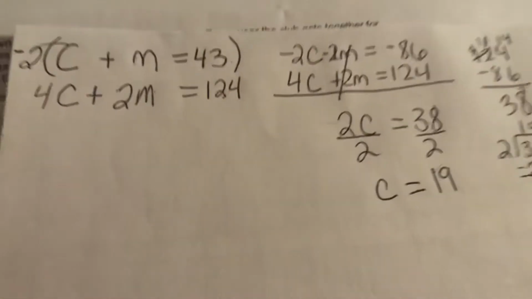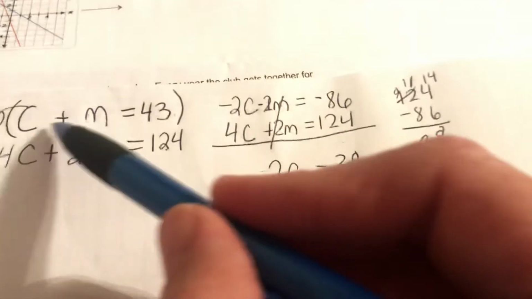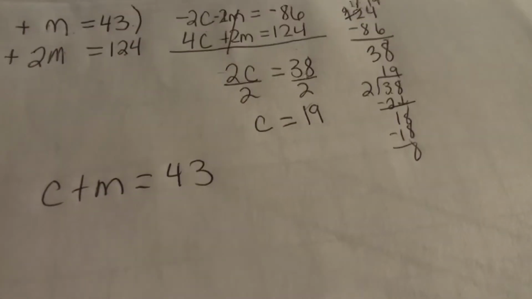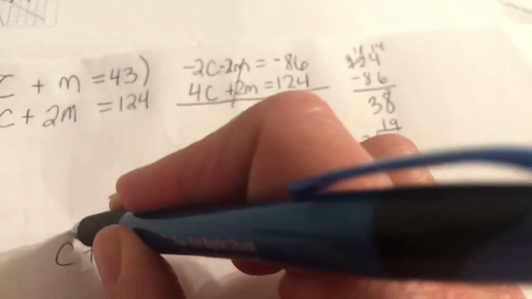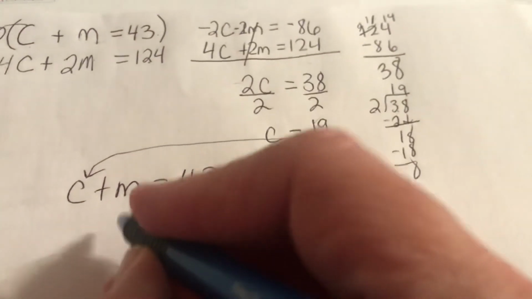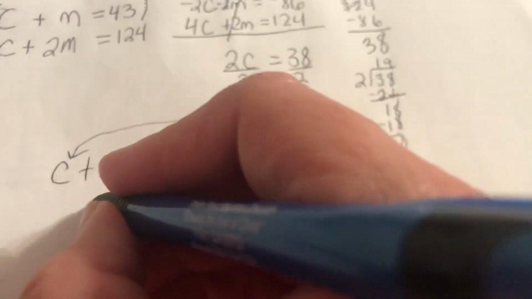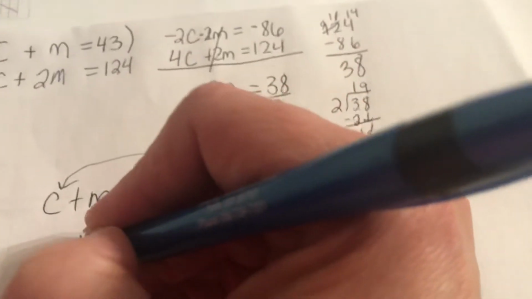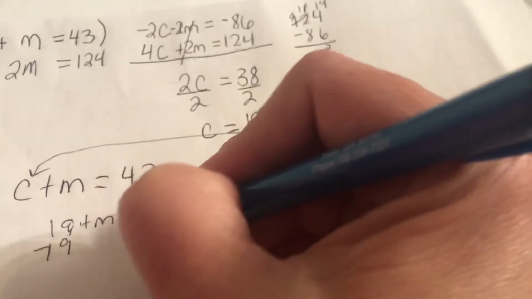So how am I going to do that? Well, I'm going to go back to the original equation up here. C plus M equals 43, and I'm going to rewrite that. And I'm going to plug in 19 for C. All right, so I'm going to subtract 19.